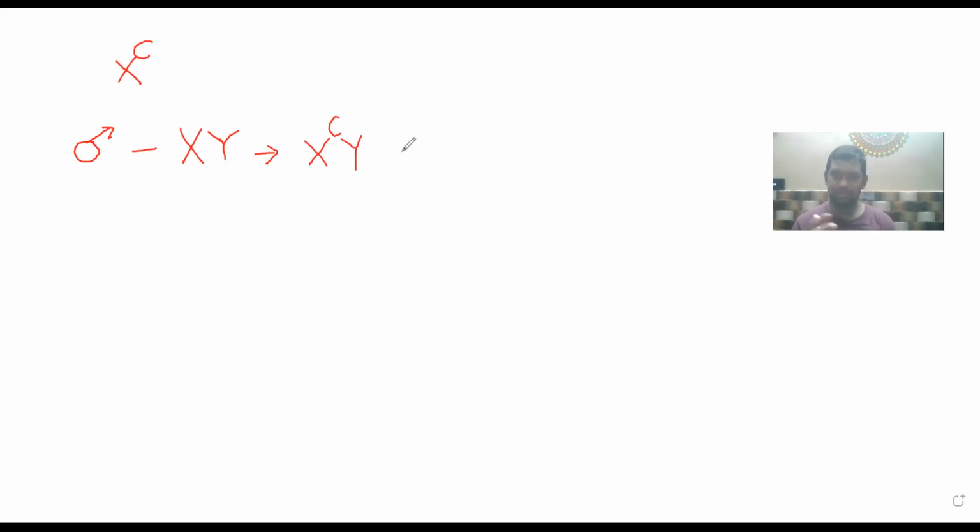Color blindness, specifically this example called red-green color blindness, means the person is not able to distinguish between red and green colors.